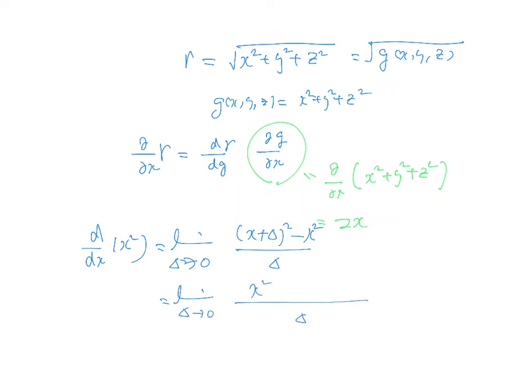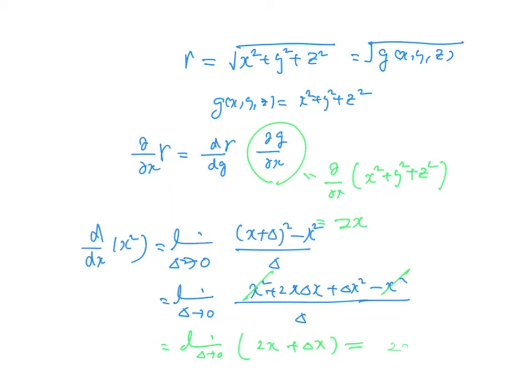You know how to do x squared, right? 2x delta x plus delta x squared, minus x squared, so this cancels. Delta x goes to 0: 2x plus delta x, 2x. Just in case you forgot your high school calculus. So now you know if you differentiate x squared by x, you get 2x, right?